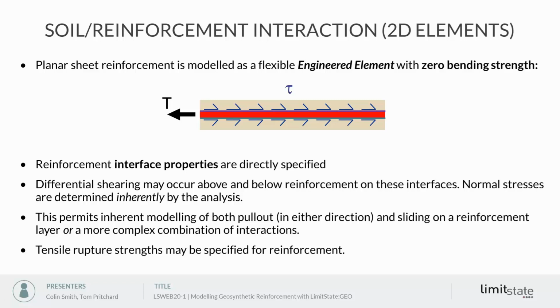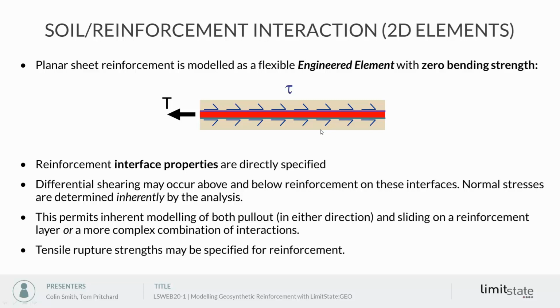The analysis will inherently determine the normal stresses on the boundary, so those don't need to be pre-calculated, and it will also allow differential shearing above and below the reinforcement so that you can, for example, model the case where you have soil sliding on the top of the reinforcement but the soil below stays fixed.